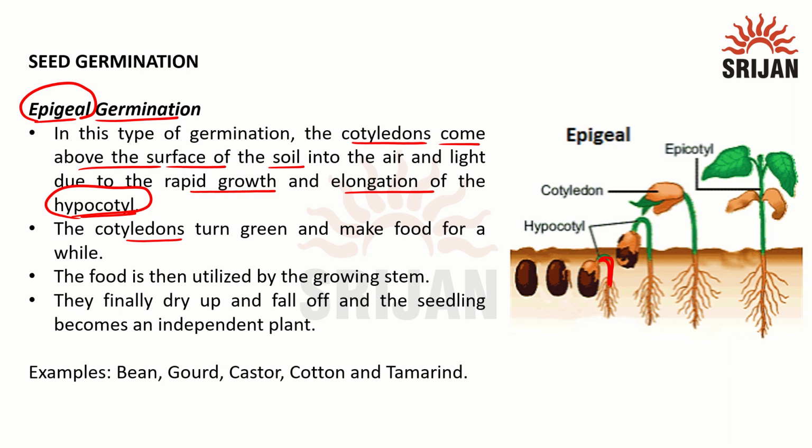The cotyledons will turn green and make food for a little period of time and that food is utilized by the growing stem. Finally they dry up, that is, you can see here the cotyledons have finally dried up and they fall off and the seedling will become more and more independent. Examples include bean, gourd, castor, cotton, tamarind, etc.